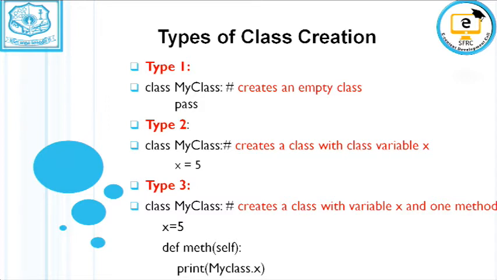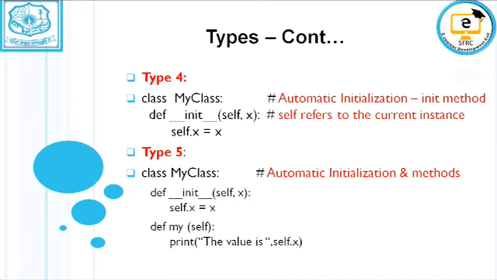Self denotes that it is going to invoke the current object. Then it includes print MyClass.x because it is going to provide the value of x inside the method.